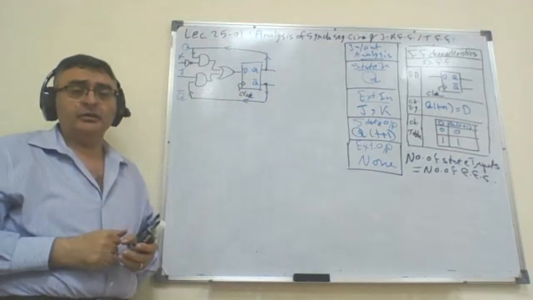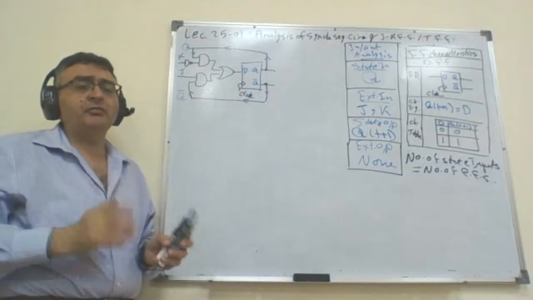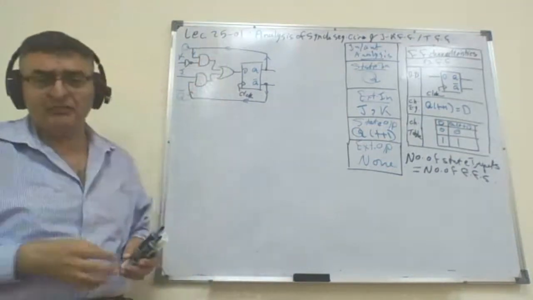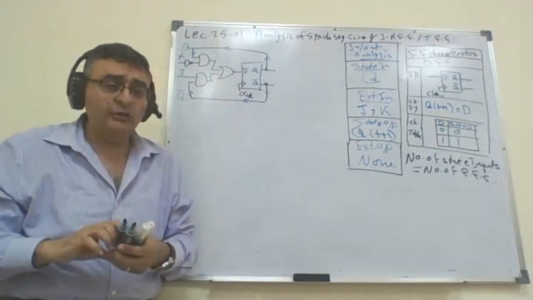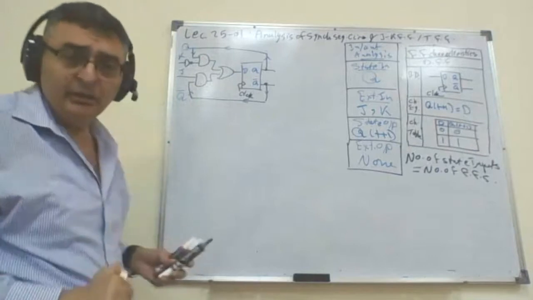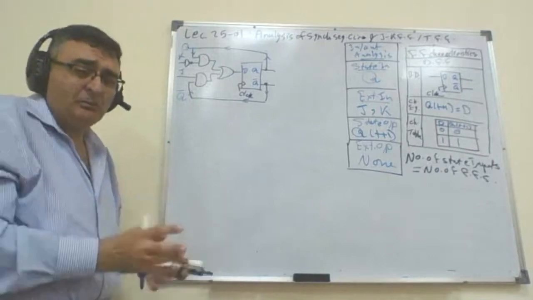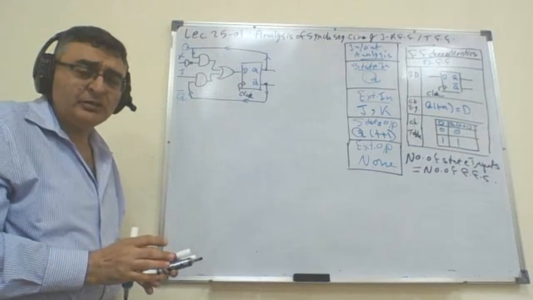So you don't have to worry about the feedback. Just break the feedback, as if there is no feedback. Fine. How can I analyze this? This looks complex, but it's not that complex.